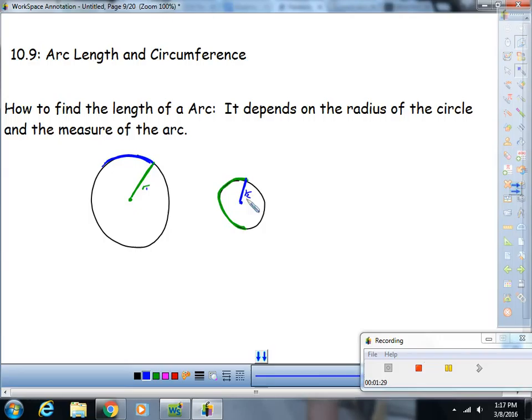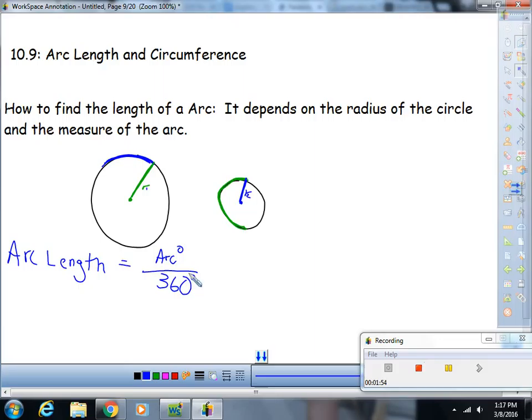So, in order to find the length of an arc, you got to take the degree of the arc and put it over 360. This tells you what fraction of the circle it is.